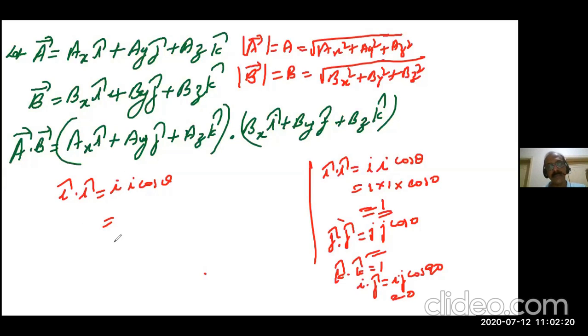Unit vector, right? What is the value of a unit vector? One. So 1 into 1, and the angle between I and I is 0. Cos 0 is 1. So it is 1. Is it clear? Yes, sir. Thank you, sir.